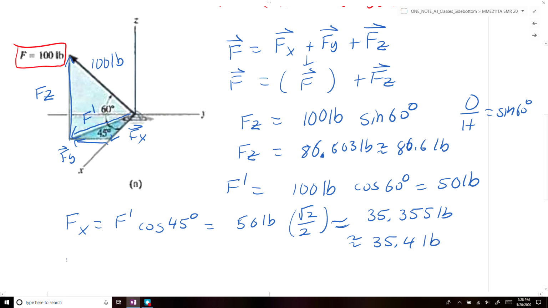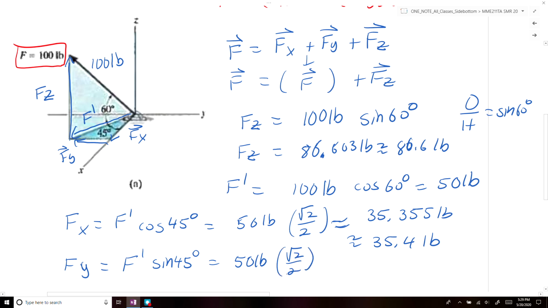Our last unknown component is Fy, which we can solve for with F prime times the sine of 45 degrees, since it's the opposite side of that small blue triangle drawn on the diagram. We end up getting 50 pounds times radical 2 over 2 again.